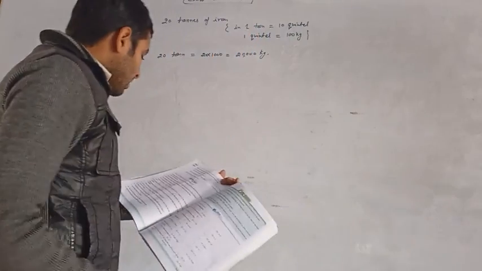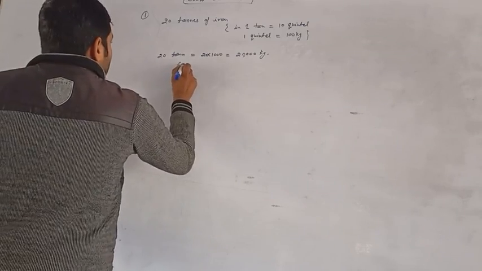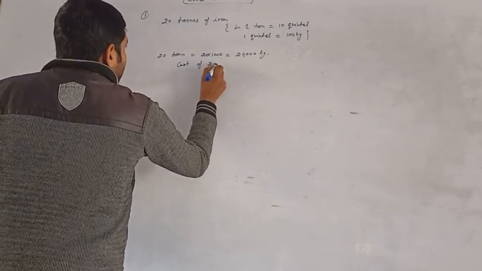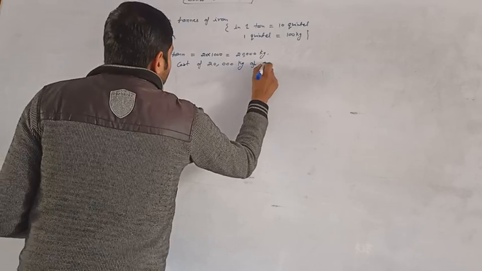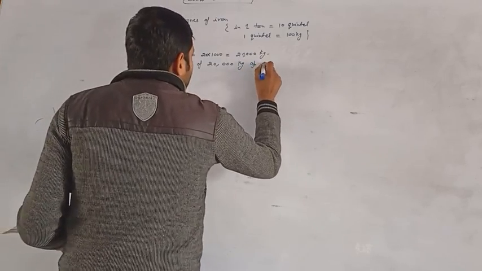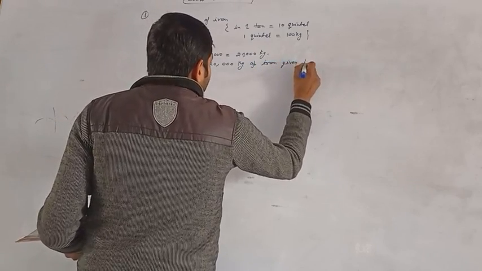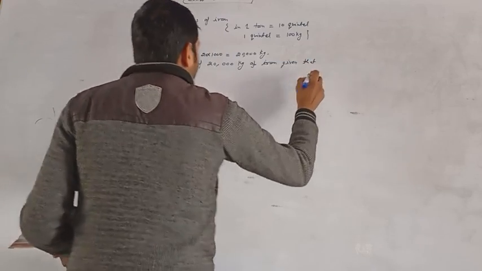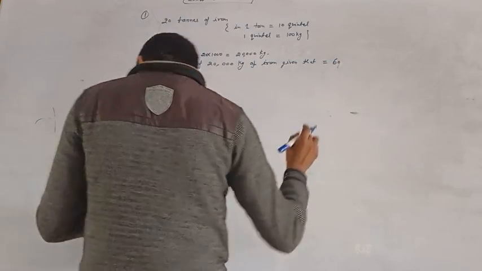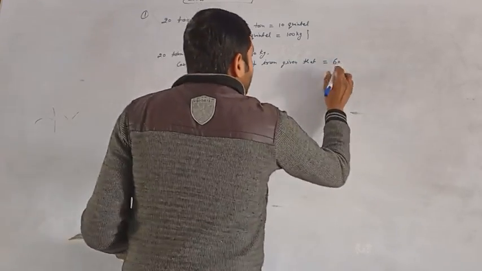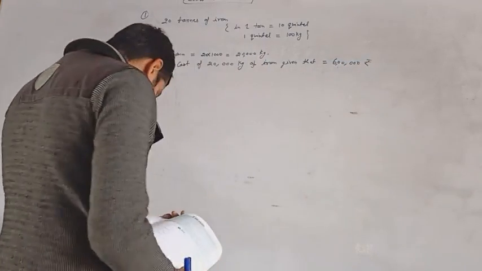Now 20,000 kilogram of iron costs 6 lakhs rupees.